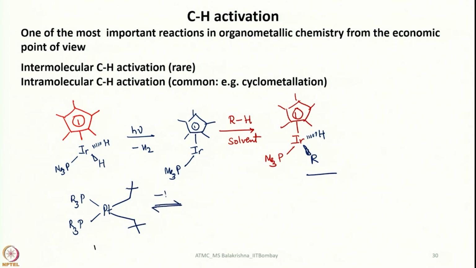Of course, before we perform any further reaction, one of the tertiary phosphines should go, and of course, this will be an equilibrium situation. You can recall, this is very similar to beta hydrogen elimination.